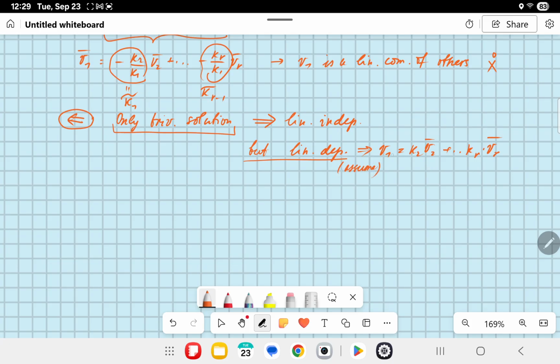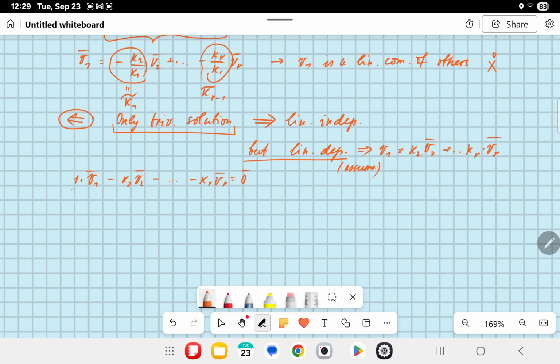Well, I'm going to move everything to one side. I'm going to write down v1 minus k2 v2 and all the minuses, minus kr vr, equals 0, right? If I move everything to the left side. So I know that v1 is at least multiplied by 1 here because it's the expression for v1.